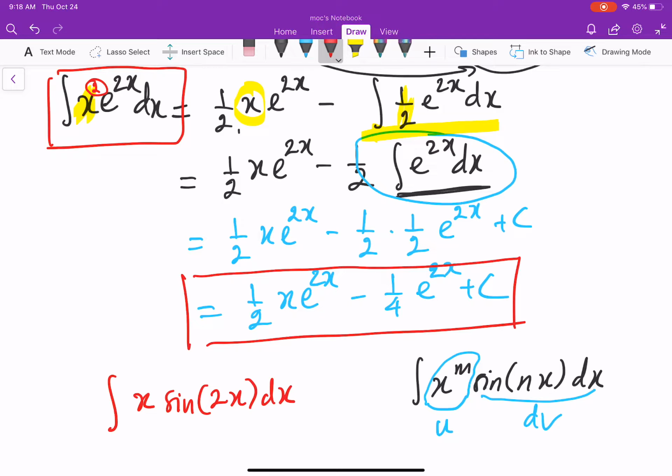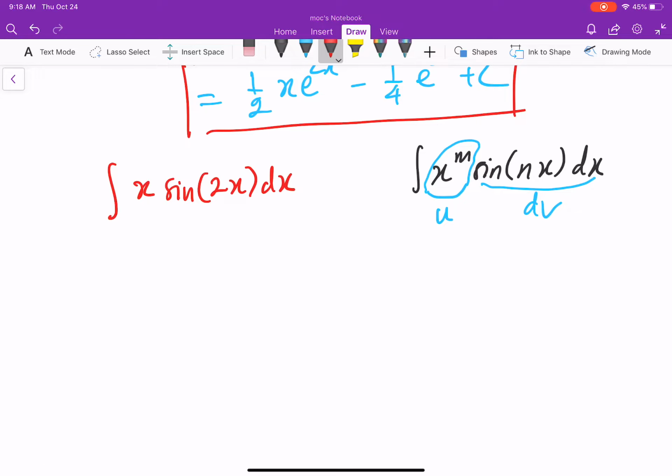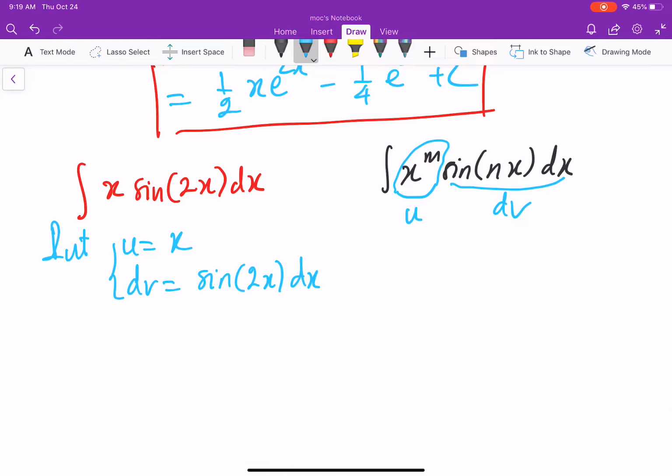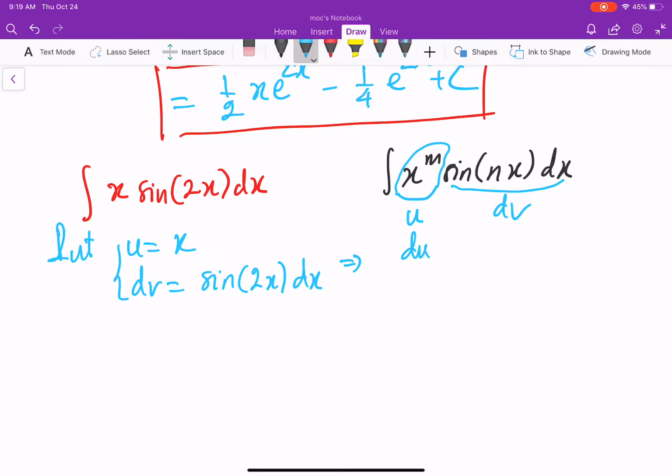Then you need to differentiate twice, which means you have to apply integration by parts twice. All right, so in this situation we have x only, so let's put u equal to x, and then dv equal to sine of 2x dx, right? So you have to find du, that is just dx. You differentiate one time and then you have dx, and x will disappear in the next integral.